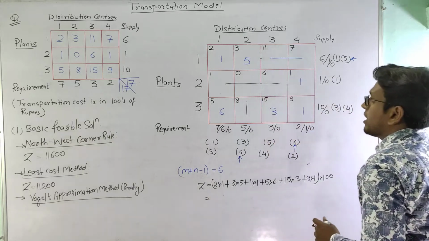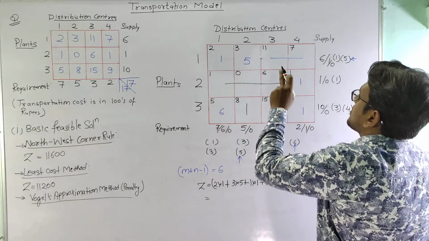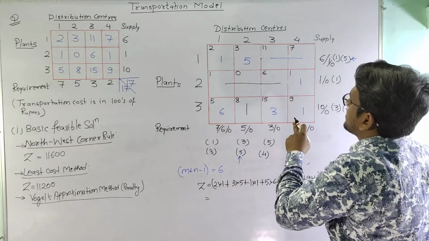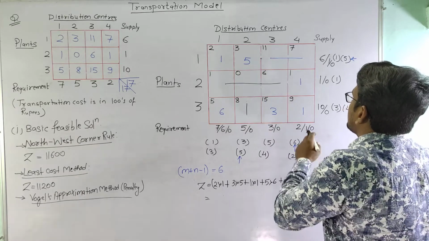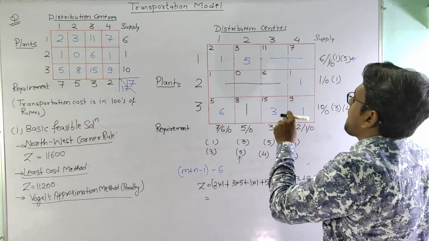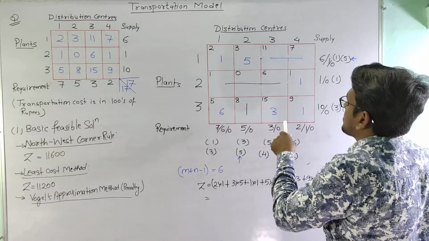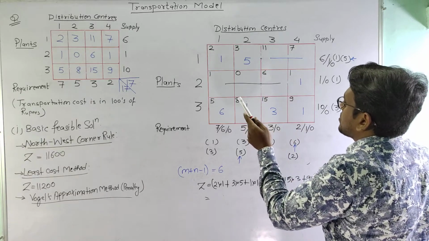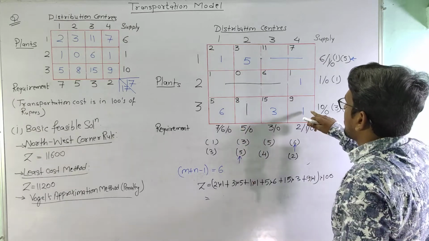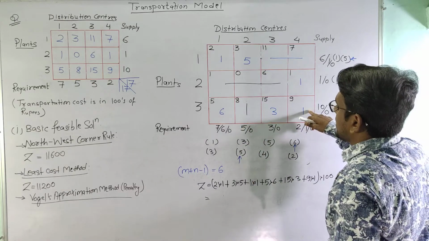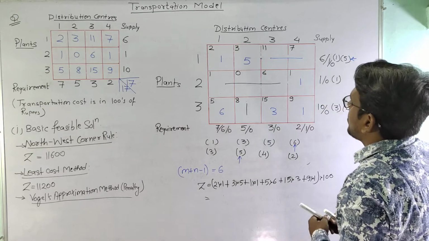So this will come up as 15 plus 45, 60, 62, 92, and 9, 101.